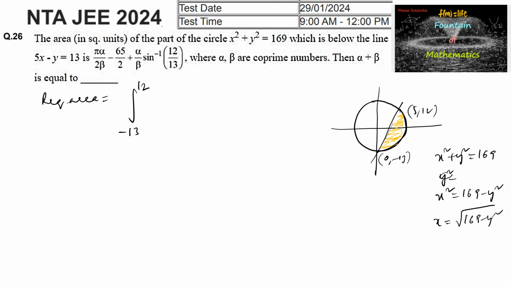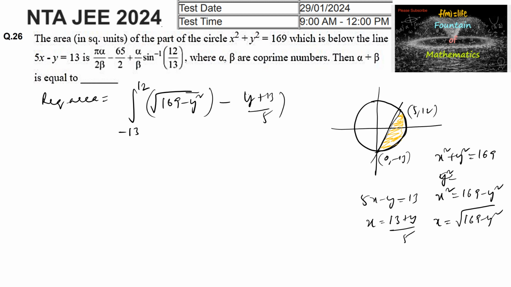So this is the upper curve, under root of 169 minus y square, minus the lower curve, which can be taken as the straight line, that is 5x minus y is equal to 13, or x is equal to (y plus 13) divided by 5, dy. With respect to the y axis we consider dy.